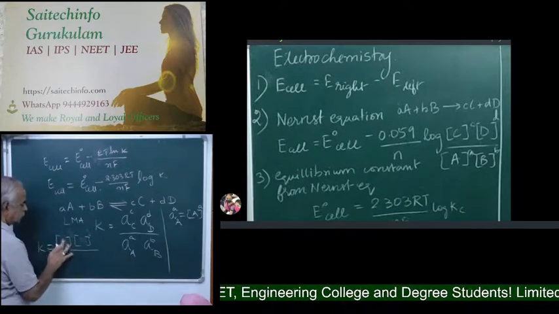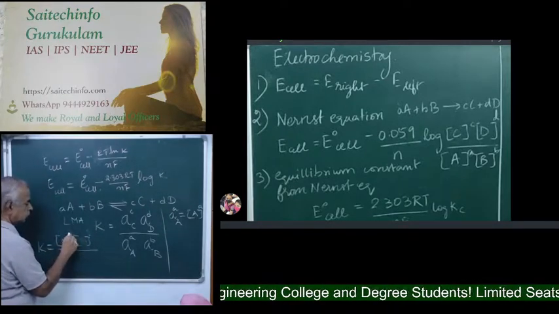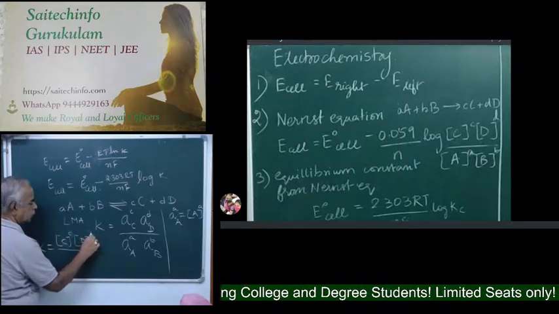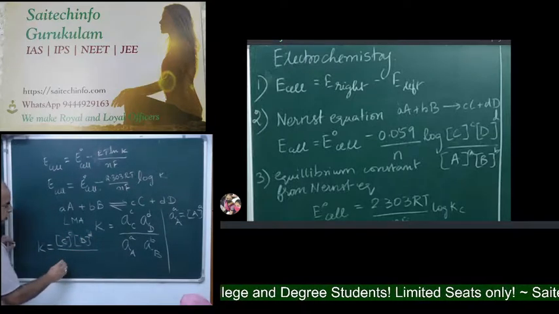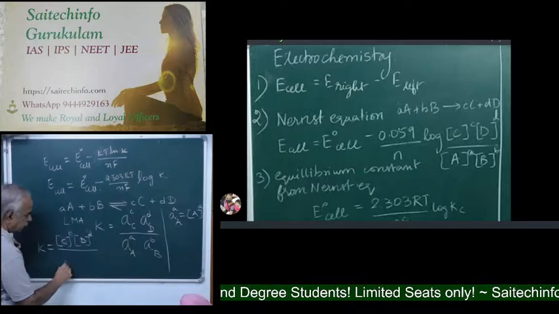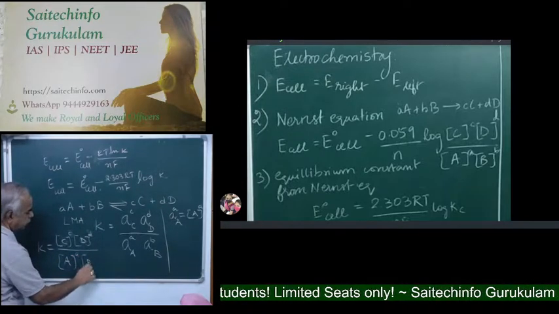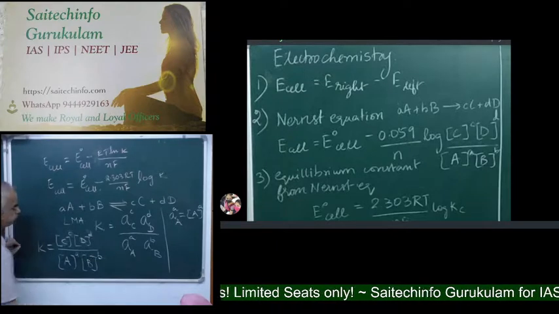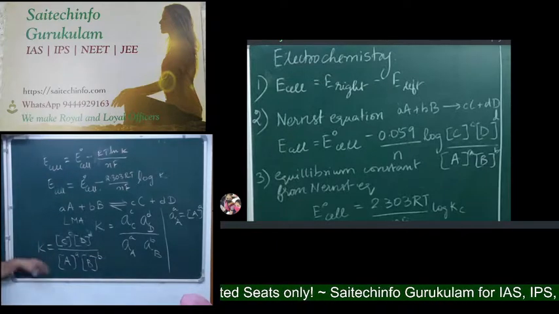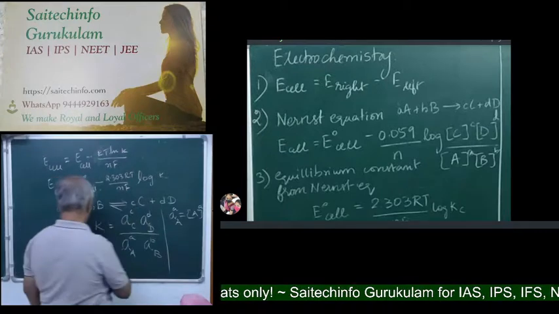So it is the product concentration divided by the product of the reactant concentrations. Are you able to follow? Now we can replace this K by this equation.